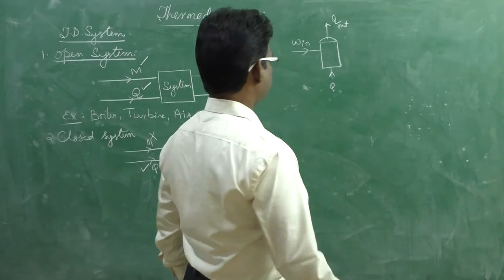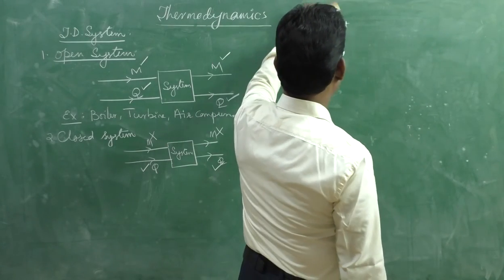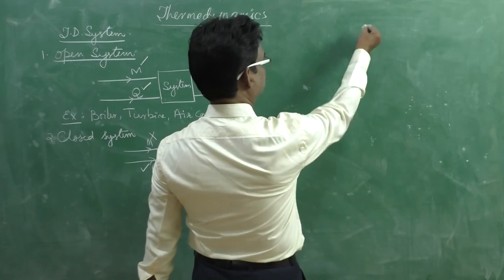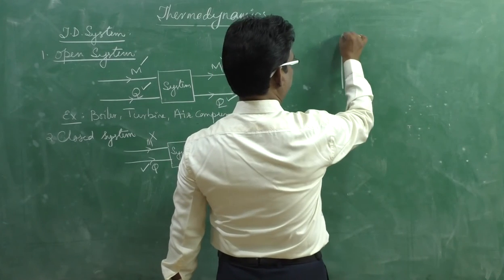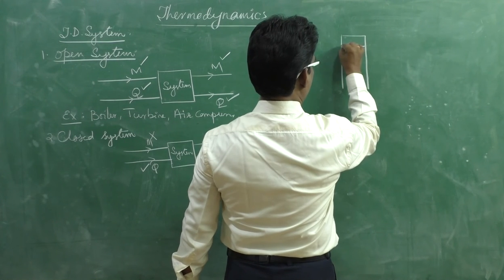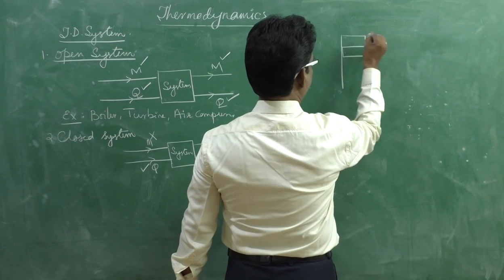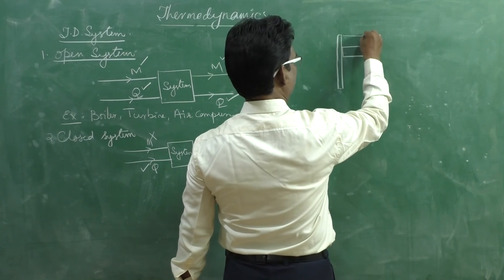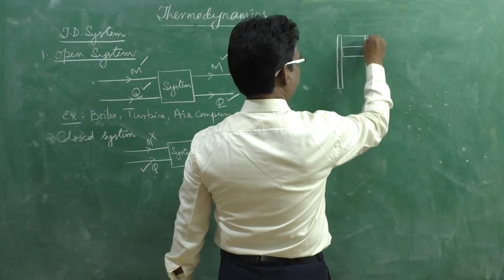Now you may observe such type of system. Consider a cylinder and piston. Here, this is the adiabatic valve.